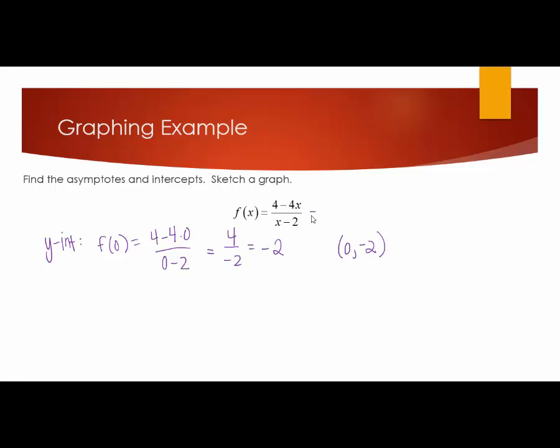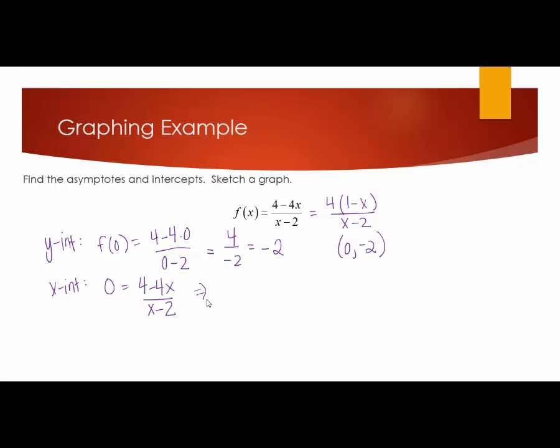I suppose I should, technically my first step listed above was to factor this, so let me do that also. My x-intercept is where my equation is equal to 0. And let me just remind you, a fraction is equal to 0 whenever the numerator is equal to 0.